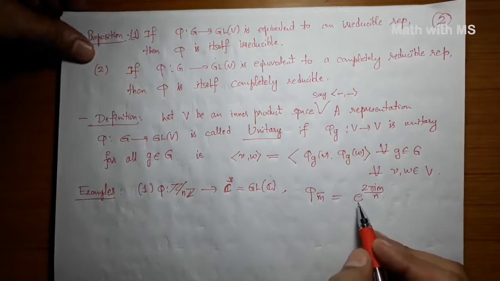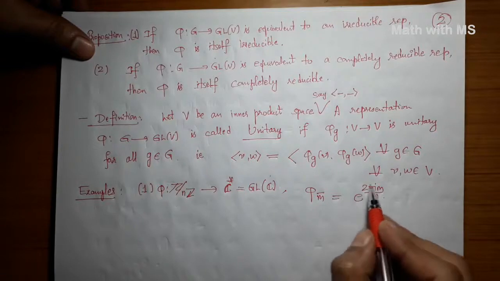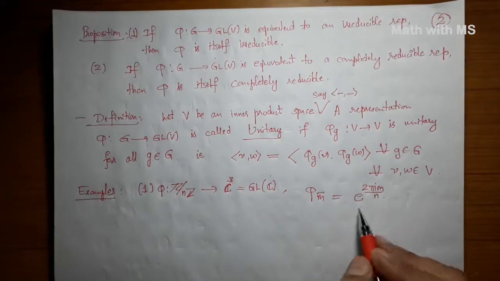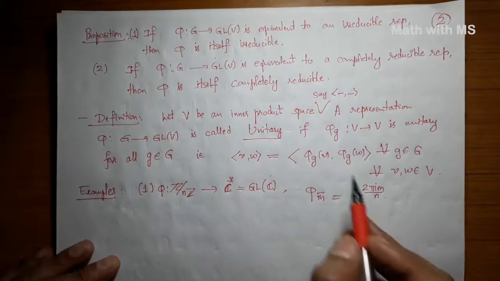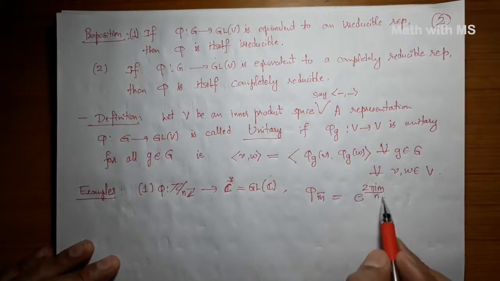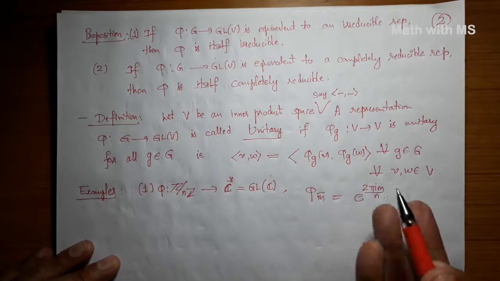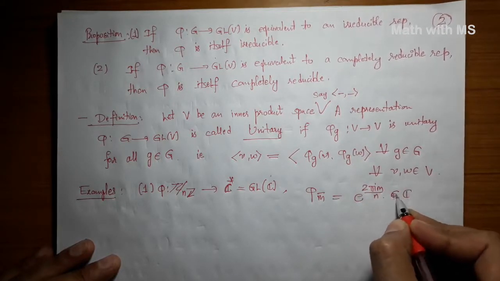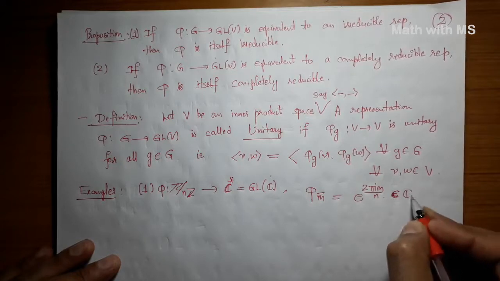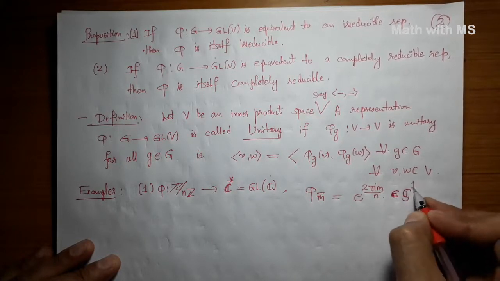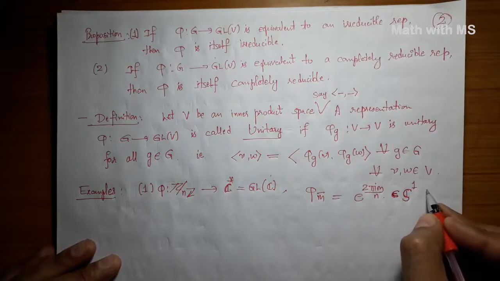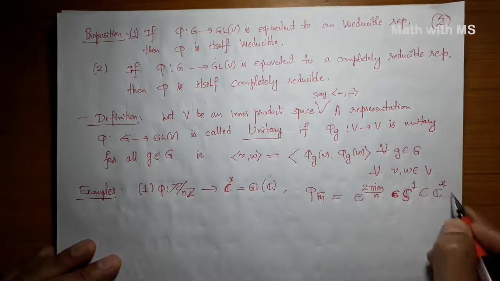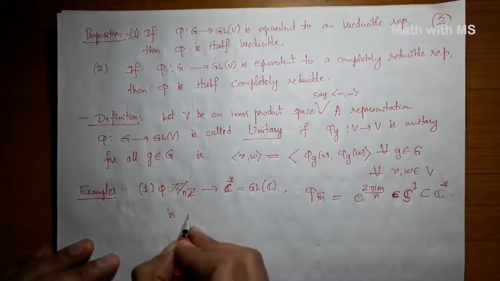Look at this representation. The image of each group element here is actually a root of unity. That just corresponds to these lying on the unit circle, in fact on S1, which is contained in C star. So this is a unitary representation.